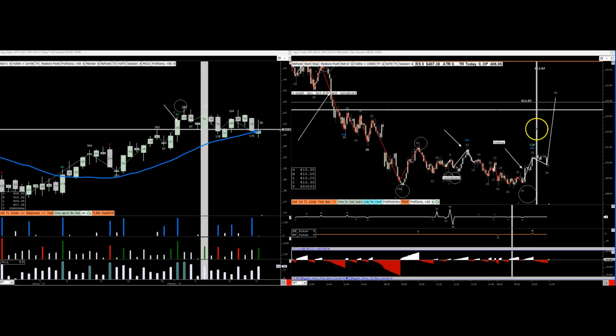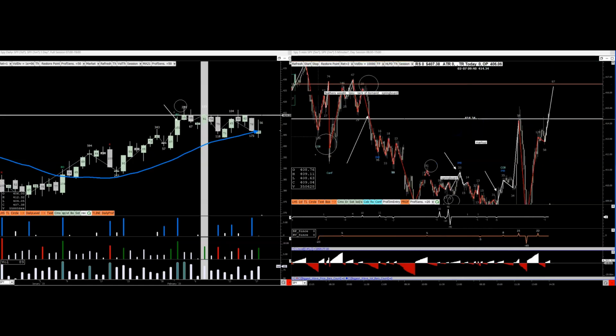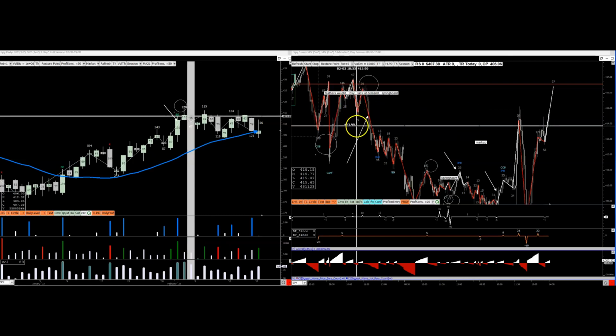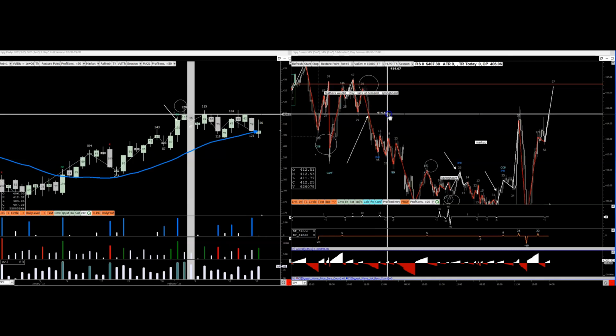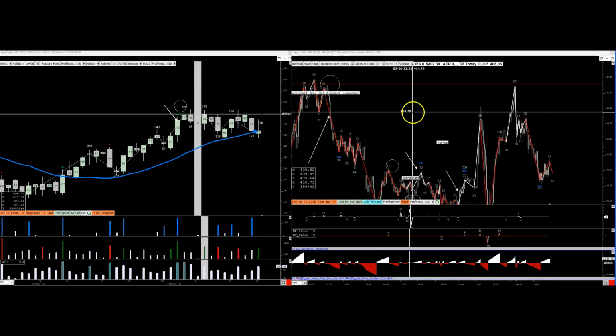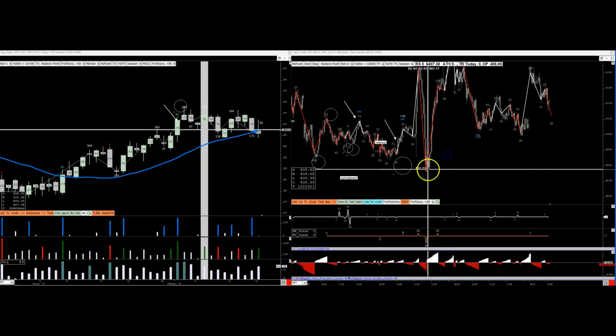What does it do? Bang. Creates this movement. Where does the movement go? It goes to a resistance area. Where's the resistance area? Against the markdown bar. Where's the markdown bar? Right there. That's where it goes. Tap. Then it goes down here. I mean, I can't explain this behavior.